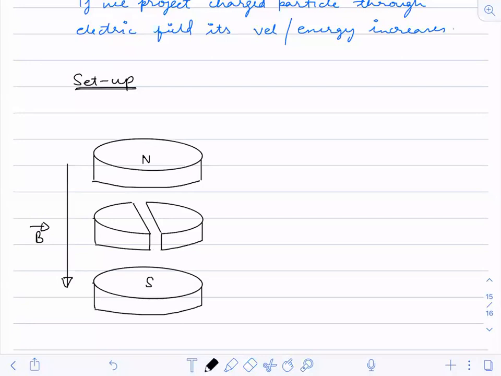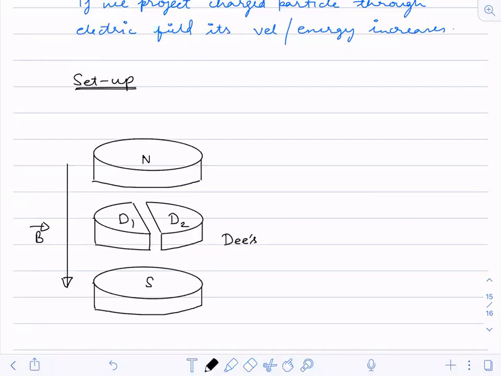The part in between is called D. This is D1 and this is D2. They are called D's because they are in the shape of the letter D. Understood?